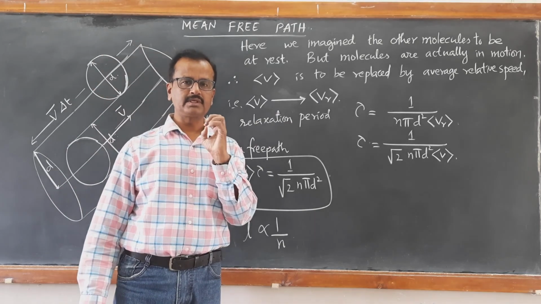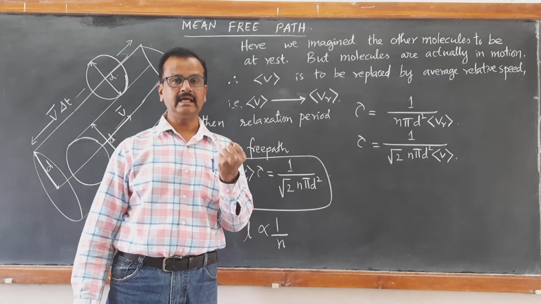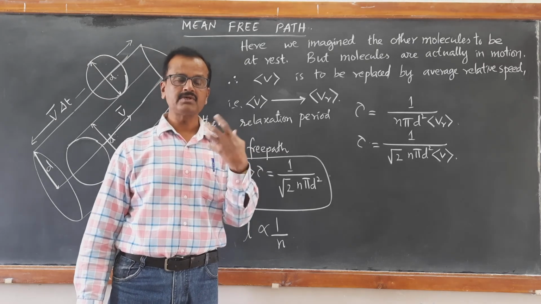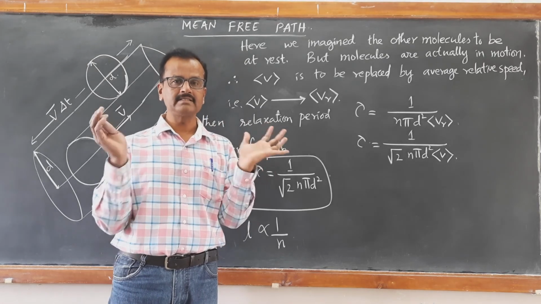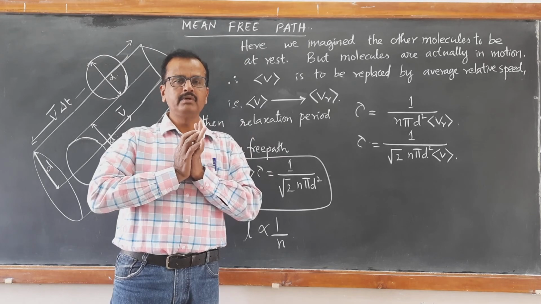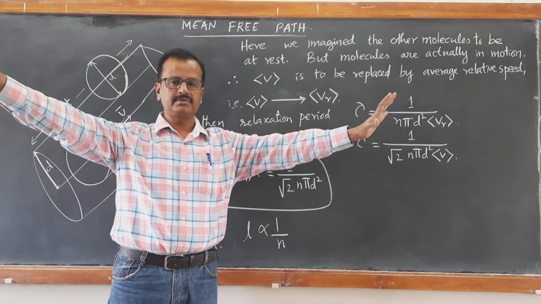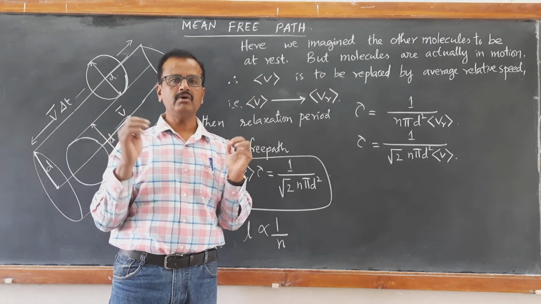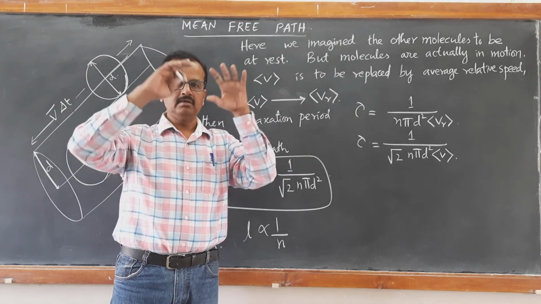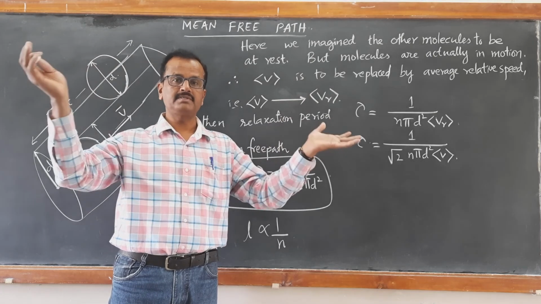If the time between two successive collisions is less, then the number of collisions per second will be more. As a result, the gas molecules will not be easily diffused. That's how it takes long hours for a cloud of smoke to disperse in the air.